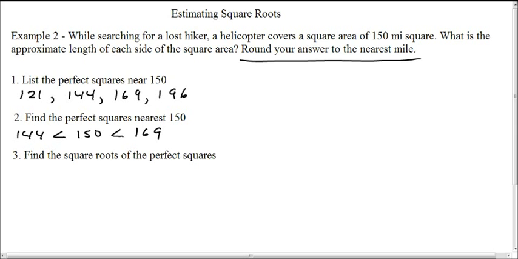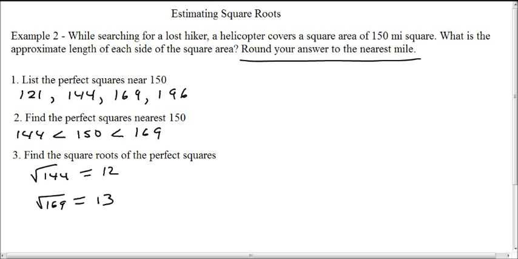So what I want to do now is find the square root of my two perfect squares. I'm talking about the square root of 144, and we want the principal square root here, and the square root of 169. So doing so, I see that the square root here is 12 and the square root here is 13.